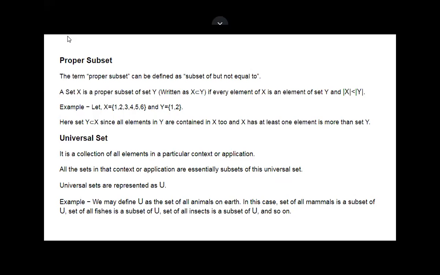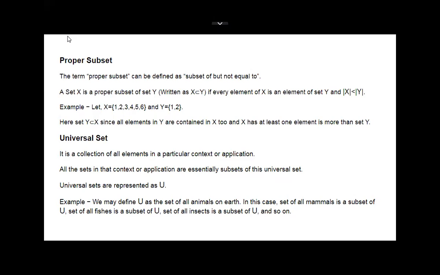Getting? Then set of movement organs, that is hands and legs, that is also the subset of universal set. Universal set we can take it as, means, in a particular context only.